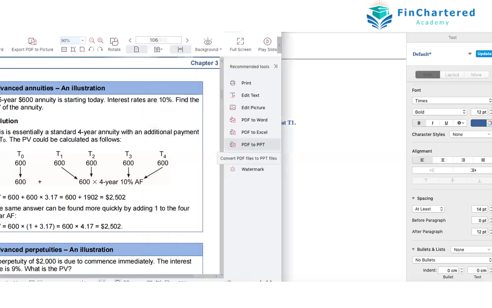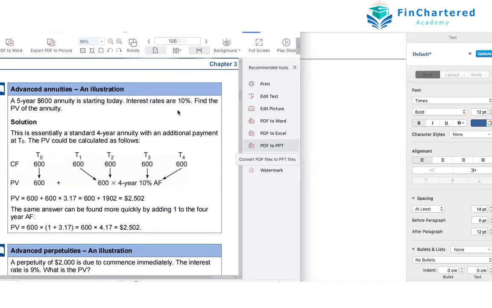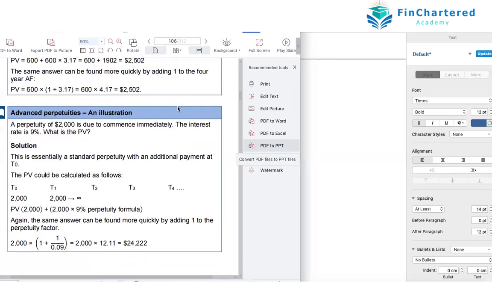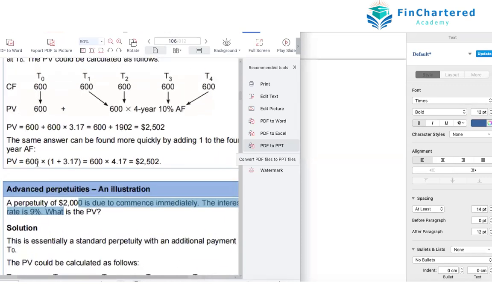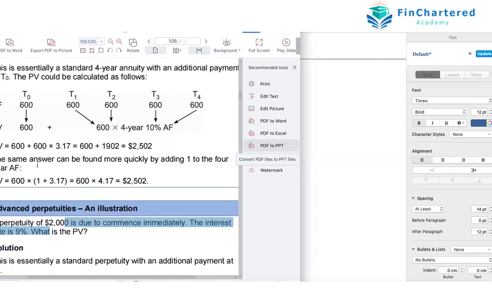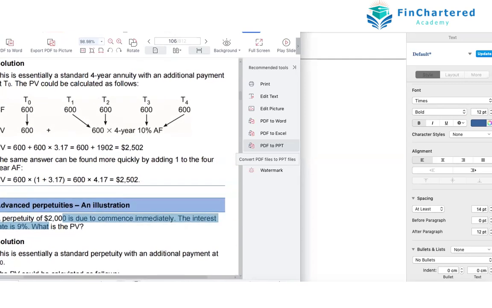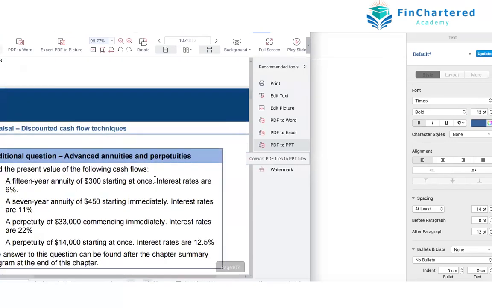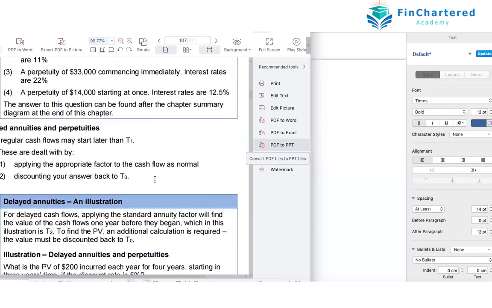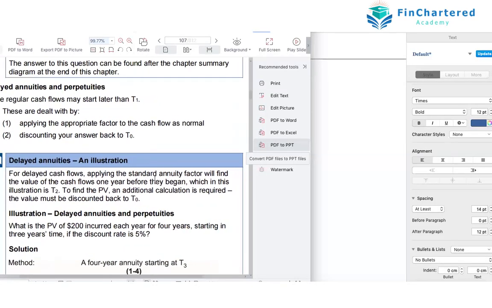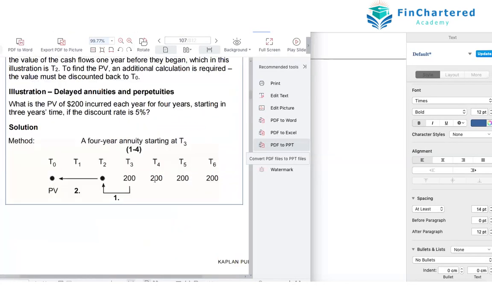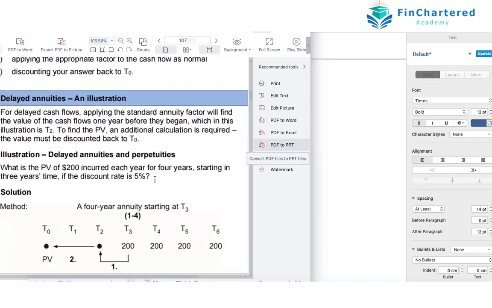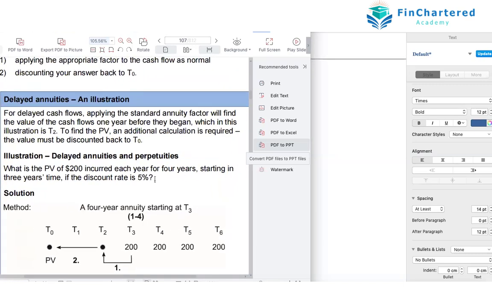For example, let's look at an example from your textbook itself. A perpetuity of 2000 is due to commence here. Please don't look at the answer or the solution; even if you look at it, I don't think you'll understand.